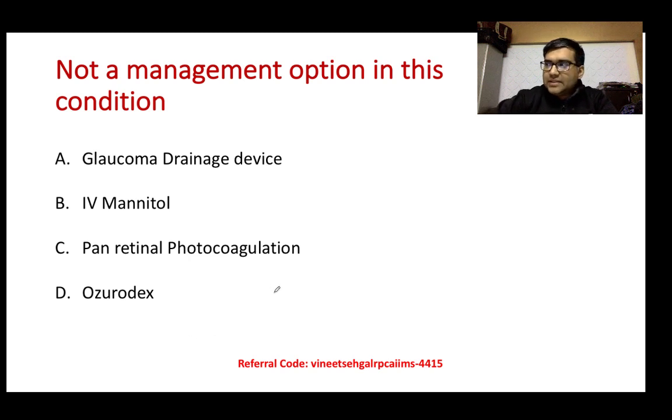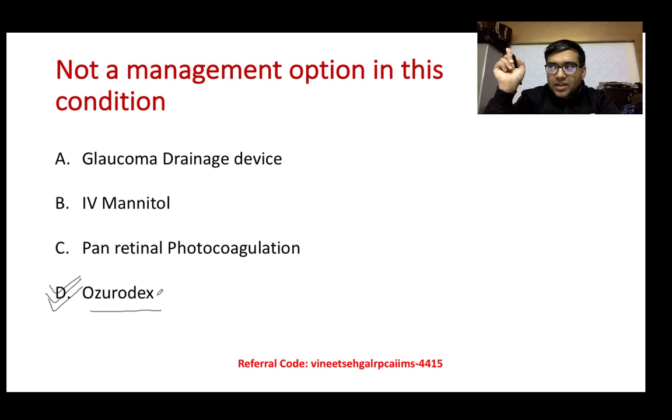So try to answer. Our answer here is Ozurdex.